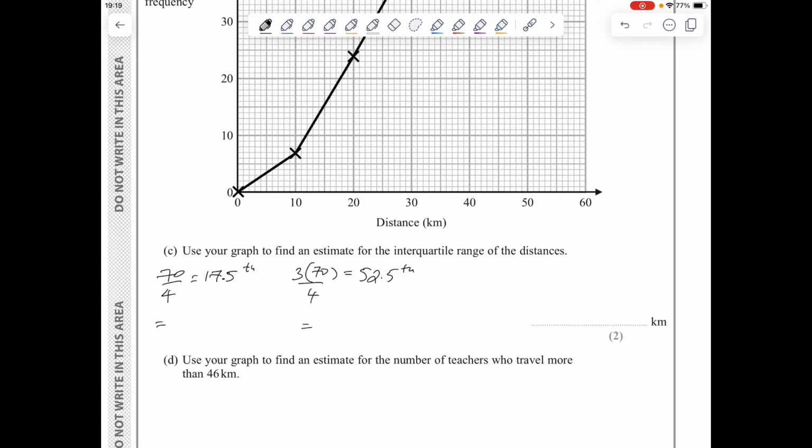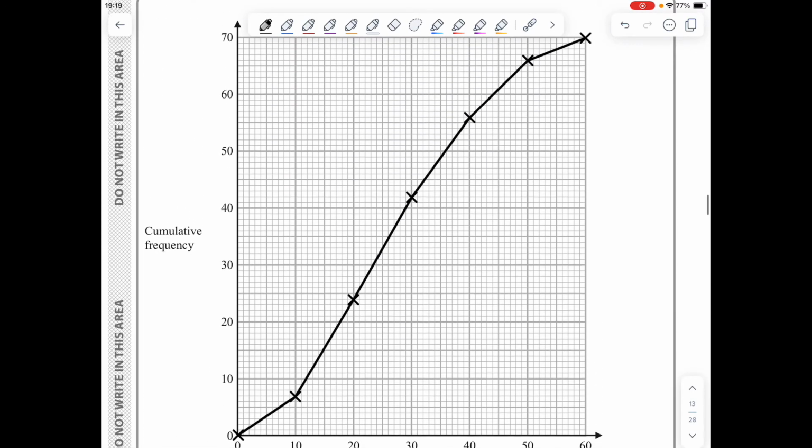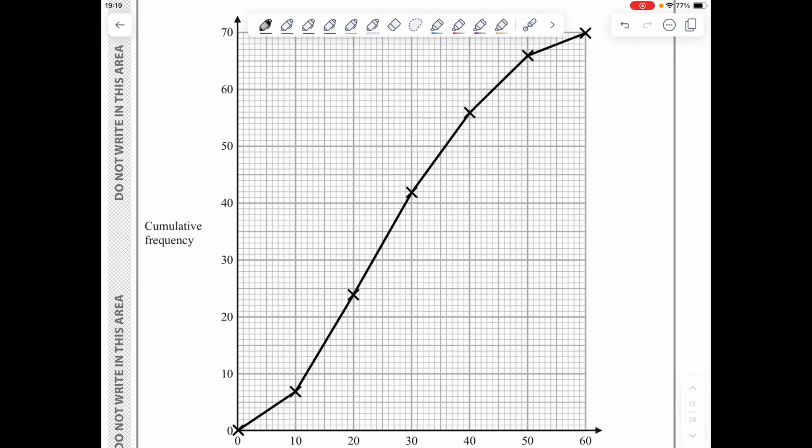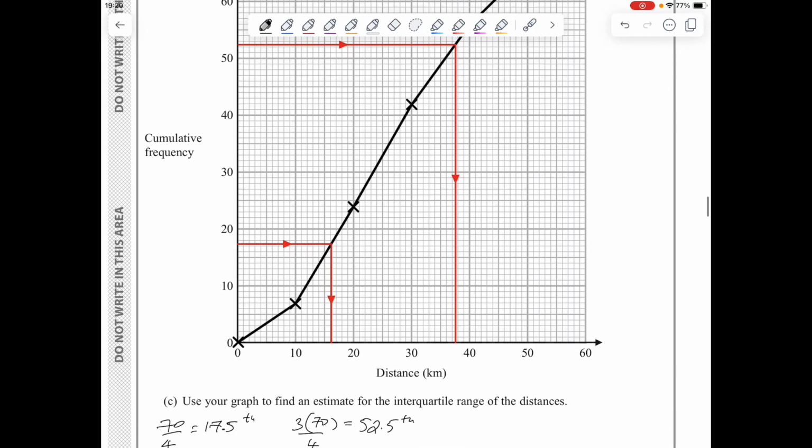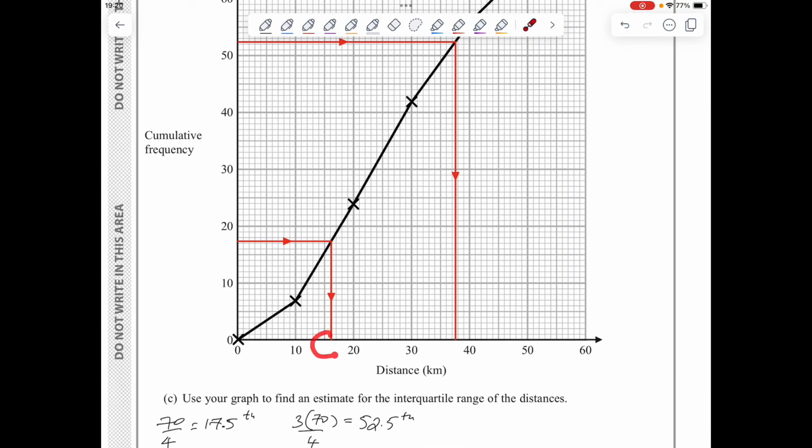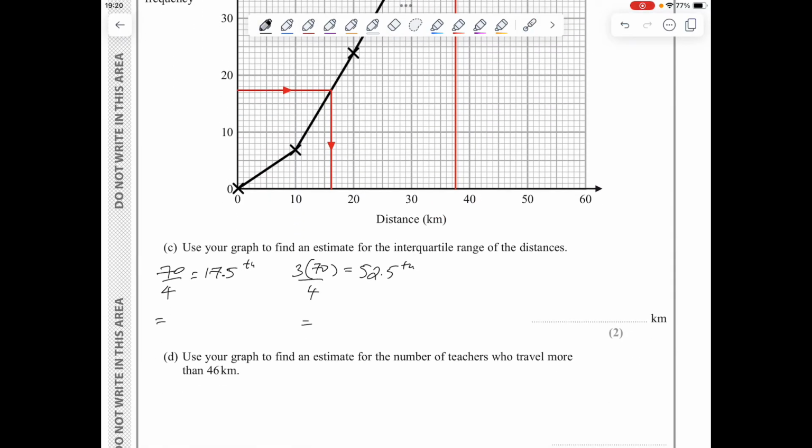So let's do that. Let's go to the graph, and for those values of the cumulative frequency, I will find the distance. So from the graph, I have two readings, one here which is 16 and one here which is 38. Let's write those down. 16, 38.